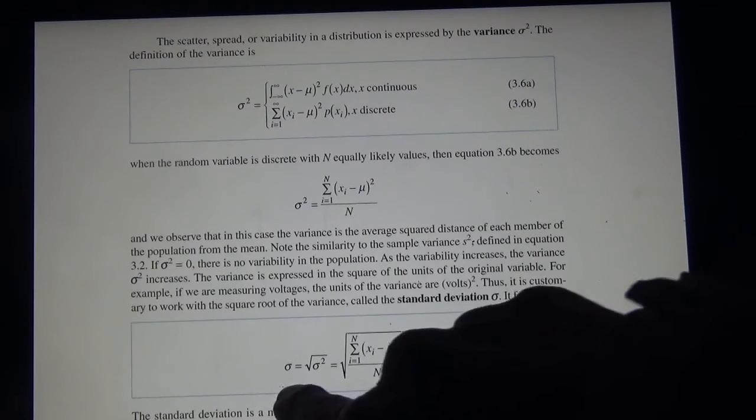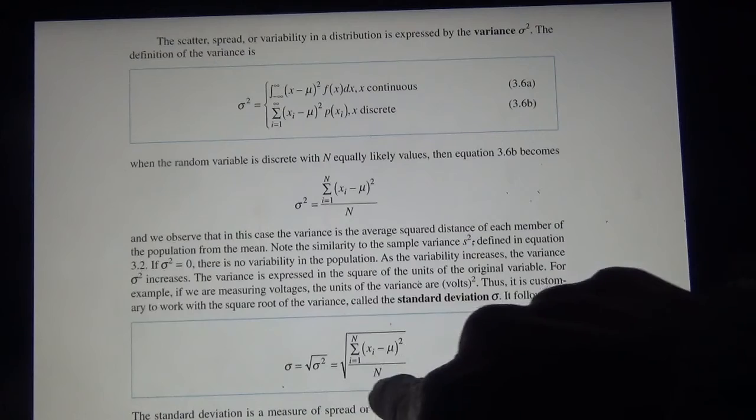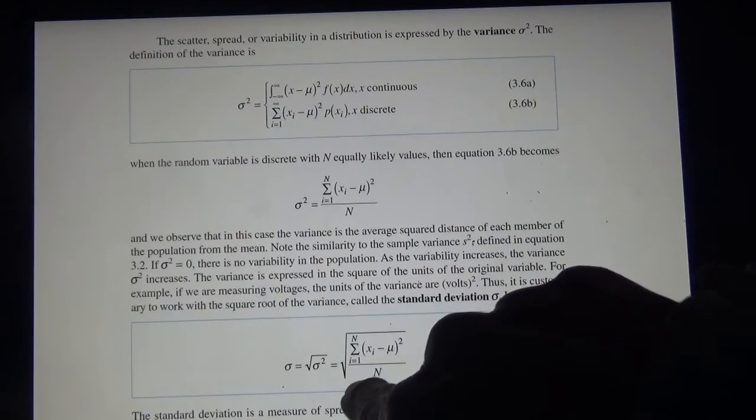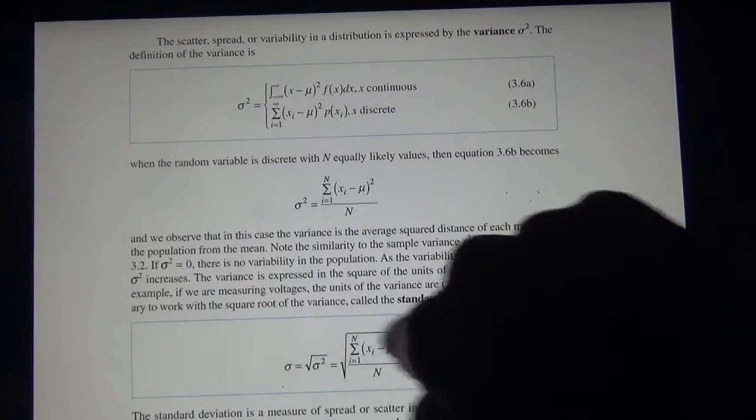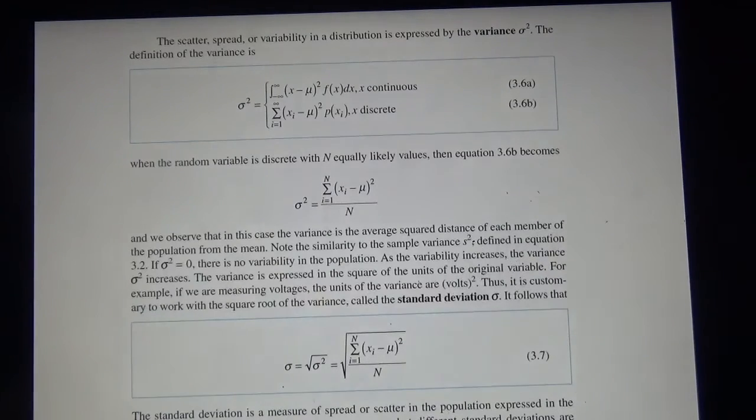When we would like to calculate the standard deviation of the population, it is divided by big N, since this is the population. But for the sample, we divide by small n minus 1.